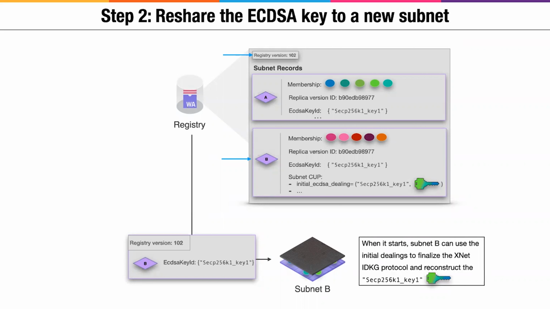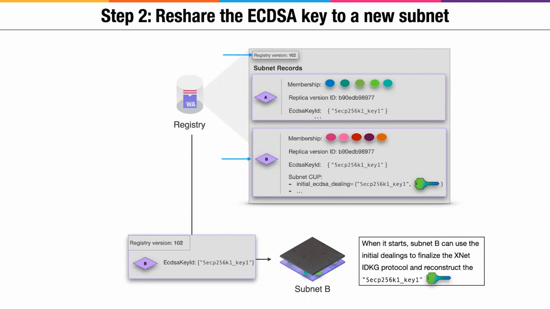What this means is that once the subnet started, they will try to finalize the cross-net resharing IDKG protocol that was initiated on subnet A. They will try to collect sufficient support on the dealings that were generated on the other subnet. They will create a transcript, and then they will use this transcript. And if there are issues with some of the dealings, they will also handle the complaints among themselves.